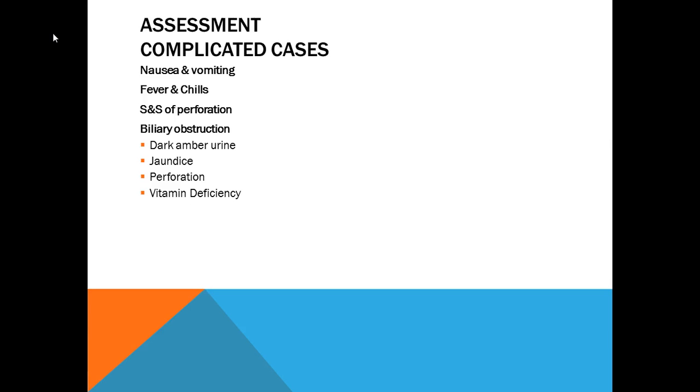The bilirubin is actually what makes your stool brown. So if we don't have bilirubin in our stool, your stool becomes clay colored. Your urine becomes amber because the bilirubin has seeped into the blood and your kidneys are processing it.